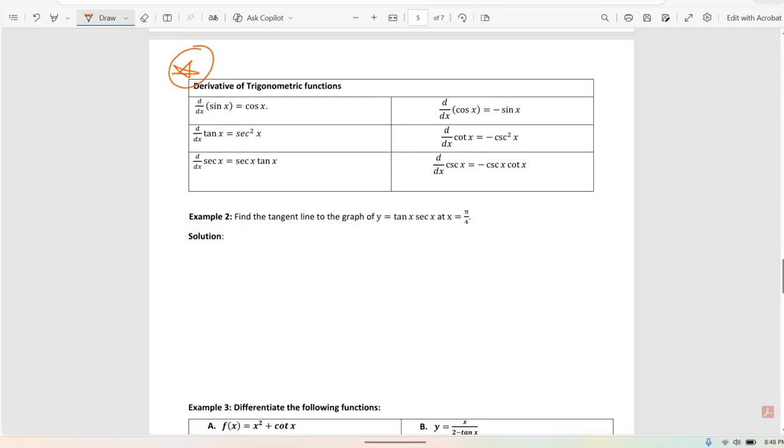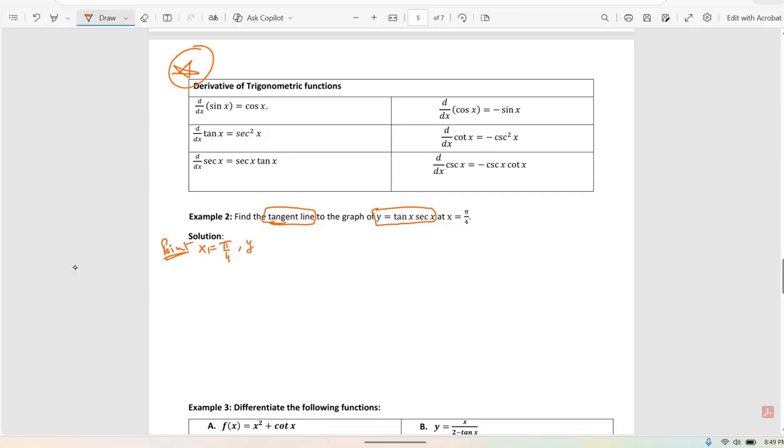Let's look at the first one. This question is saying find the tangent line to the graph of this curve at x value. So x value is given. Whenever we need to find a line, we need a point. Okay, point x1 is given as pi by 4.